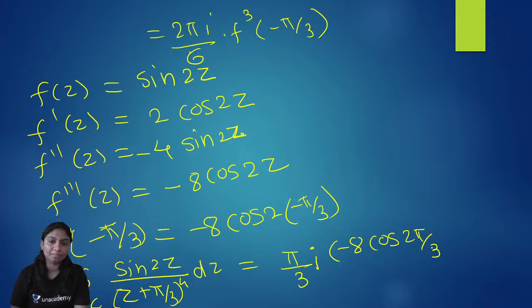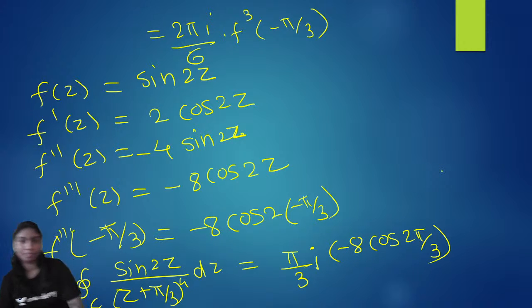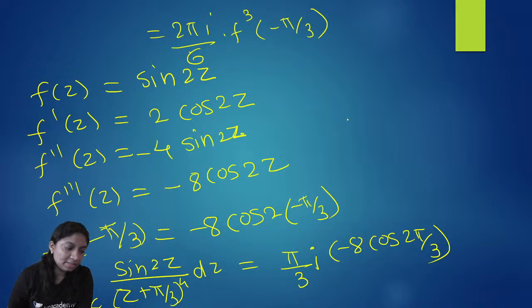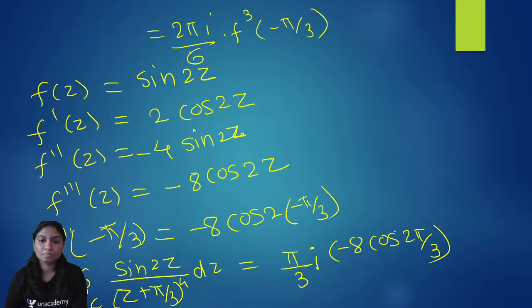Cos 2 pi by 3 is minus 1 by 2, so the minus sign is absorbed, giving plus 8 by 3 times pi i over 3.